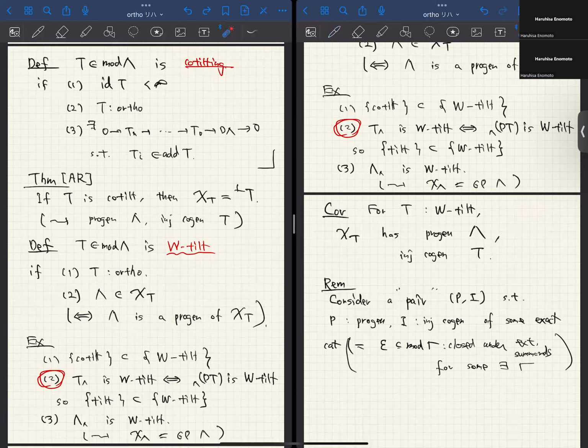So consider such a subcategory, and we consider all such pairs.